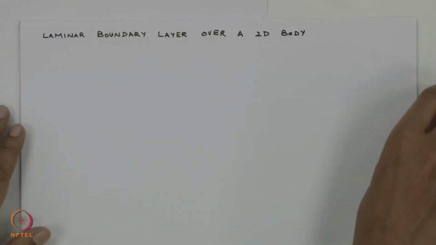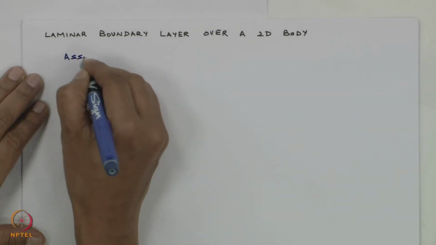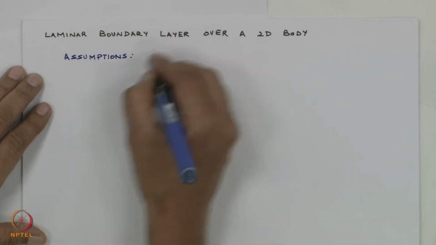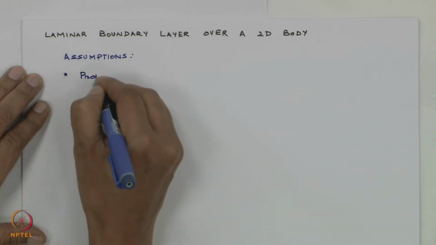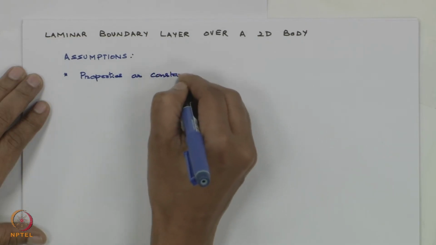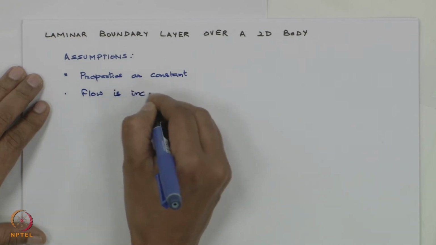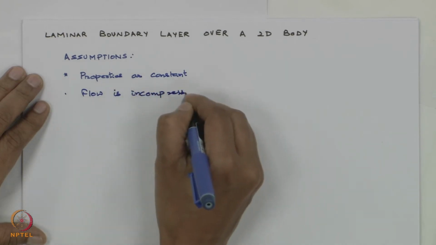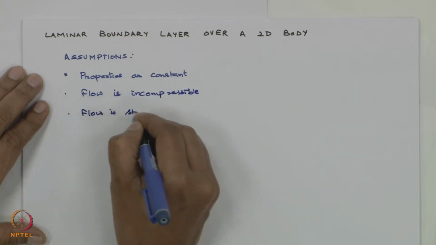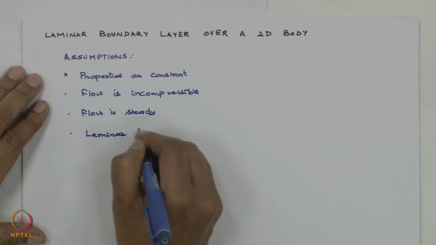So, now the assumptions I am going to make are: properties are constant, flow is incompressible, that is subsonic flows, then flow is steady, then laminar flow. I am considering laminar flow.